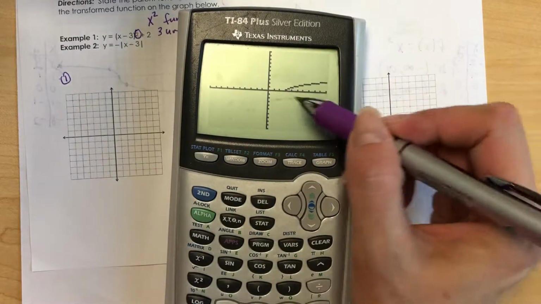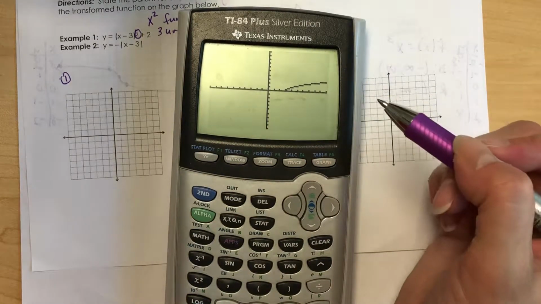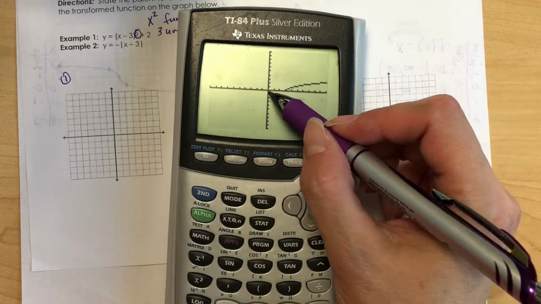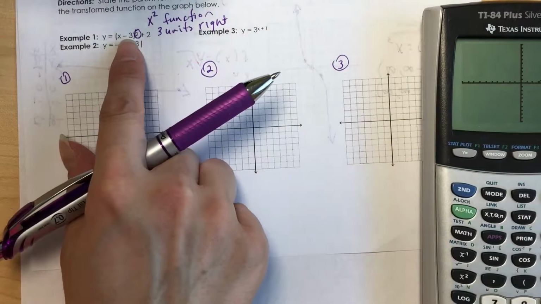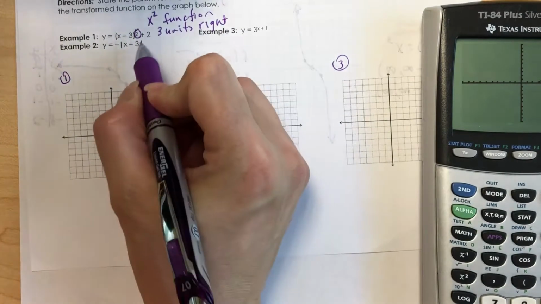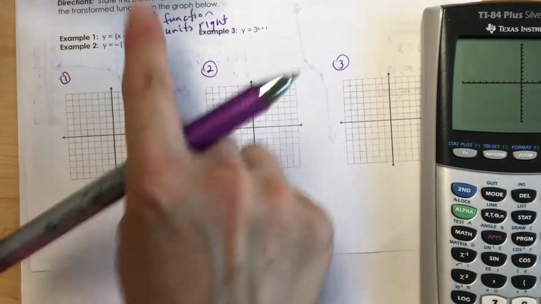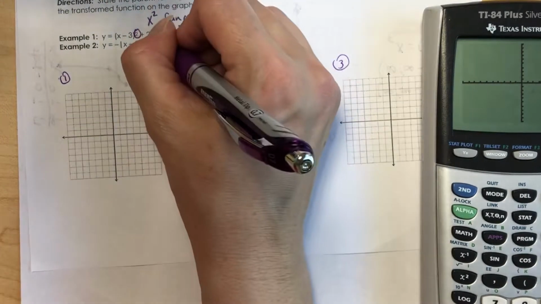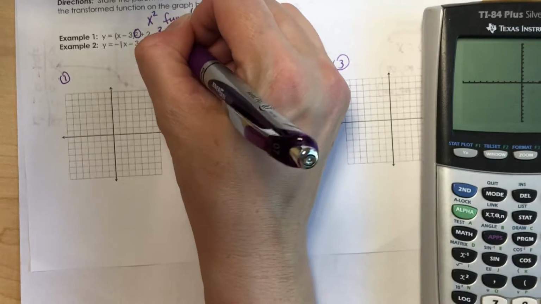The negative 3 inside the square root function shifted it 3 units to the right. So even though I subtracted 3, it moved it 3 to the right. So those horizontal ones are going to seem backwards. The plus 2 out here is a vertical shift, 2 units up. The vertical ones are intuitive, they make sense, 2 units up.